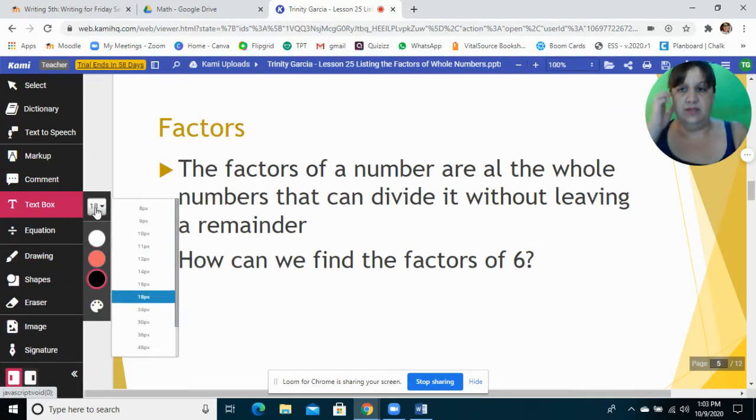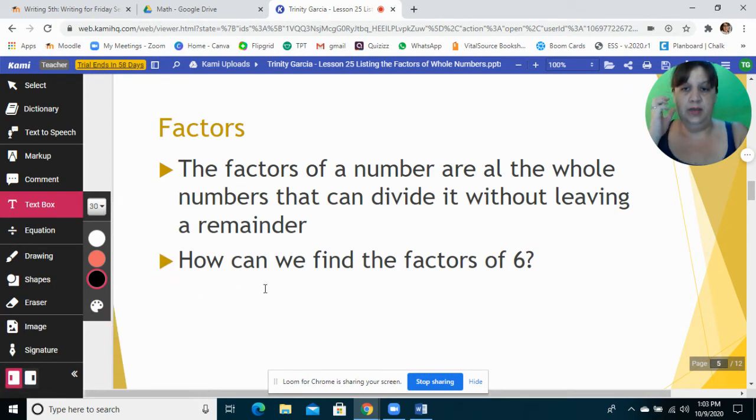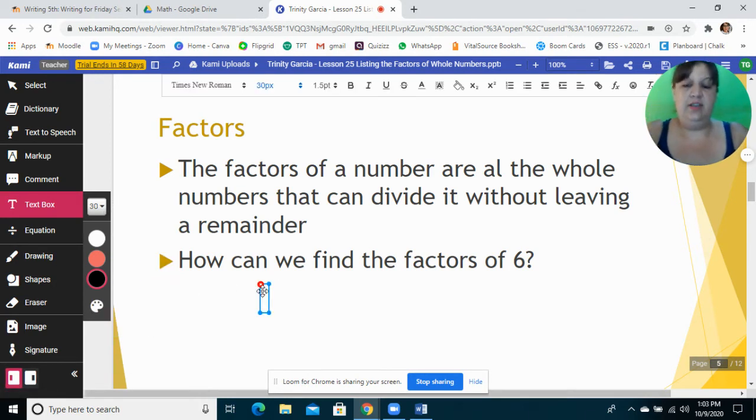Let me make this font a little bit bigger here. The factors of 6, we could say are 1, right? Because 1 can go into 6 six times and not leave a remainder. 2, because 2 can go into 6 three times and not leave a remainder. How about 3? Yes, 3 can go into 6 two times without leaving a remainder.